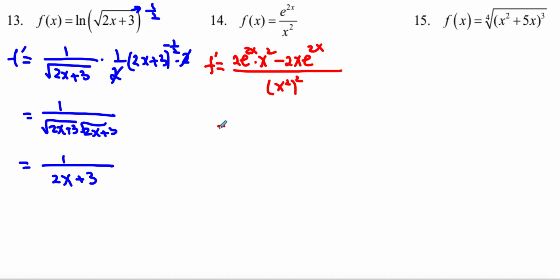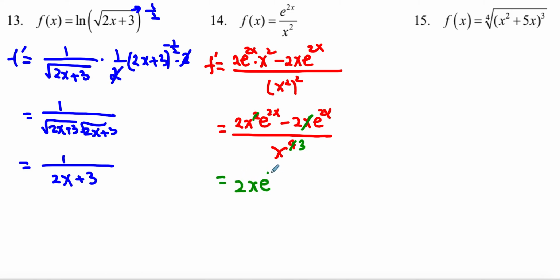If I clean that up a little bit, I'll be getting 2x squared e to the 2x minus 2x e to the 2x over x to the 4th power. But if you want, you can divide by x because x is a common factor here. This becomes 3, and this becomes 1. So our final answer could have been 2x e to the 2x minus 2 e to the 2x over x to the 3rd power. Of course, you could have factored out 2 times e to the 2x as well.